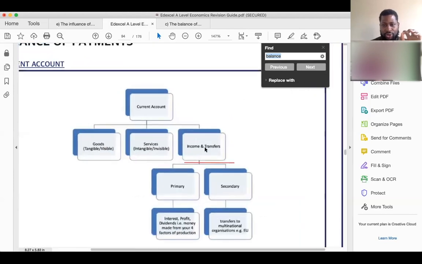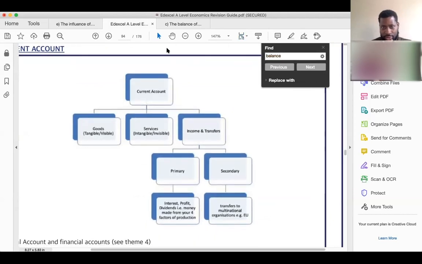Income and transfers can either be primary or secondary. If it's primary, that is essentially when we make interest or profit or dividends from our factors of production. And then secondary is simply when we transfer money to multinational agencies such as the EU or the World Health Organization.